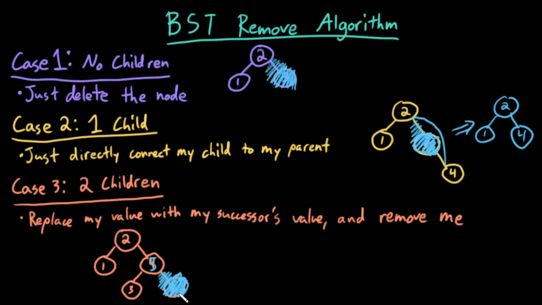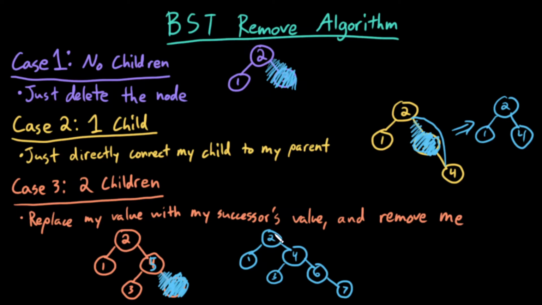Let's take a look at what would actually happen in a slightly more complicated scenario. In that scenario, my successor was a leaf. But let me draw a similar tree where my successor is not a leaf. Let me say this is 4, this is 3, this is 6, and this is maybe 7. And again, let me remove 4 from this tree.